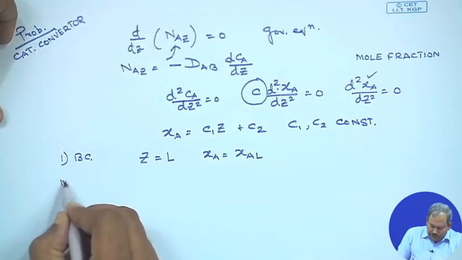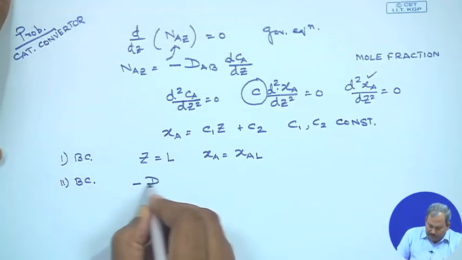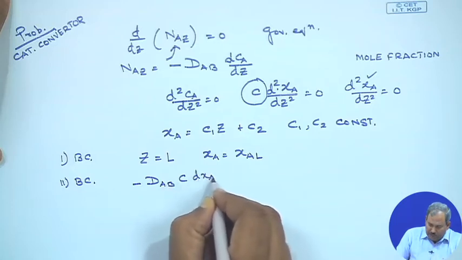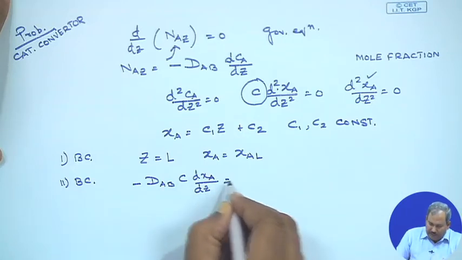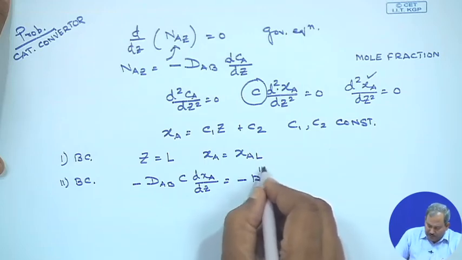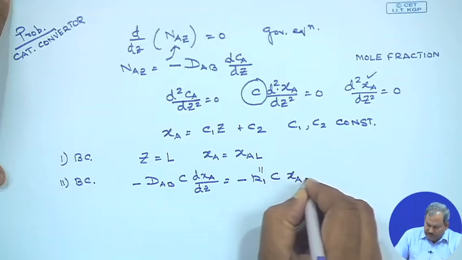So, when we use the second boundary condition, what we are going to get is minus DAB times C, C being the total concentration, dXA by dz is equal to minus k1 double prime, denoting it's a surface reaction, times C times XAS.